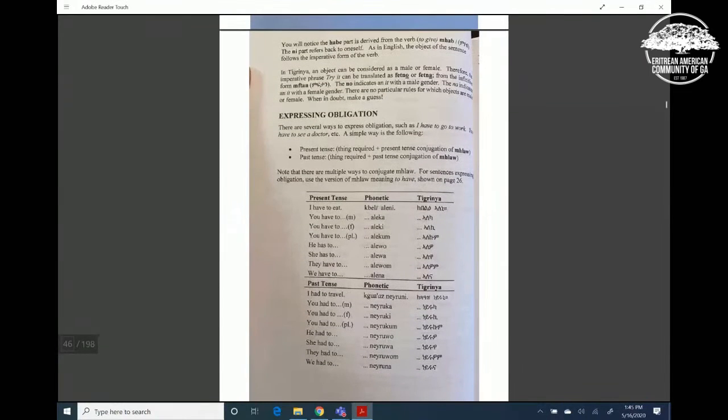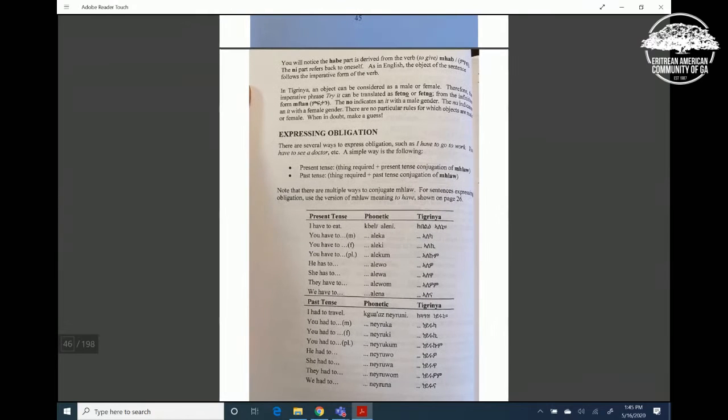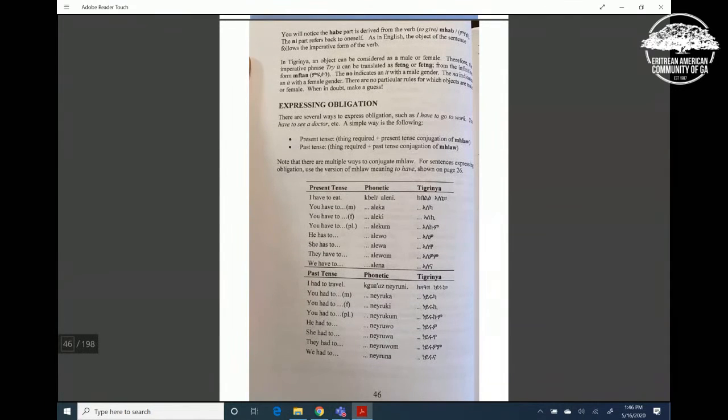I have to eat ክበልዕ ኣለኒ. You have to eat. This is expressing obligations. There are several ways to express obligations such as I have to go to work, I have to see a doctor. A simple way is the following: present tense, subject required plus present tense conjugation. ምህላው, past tense.